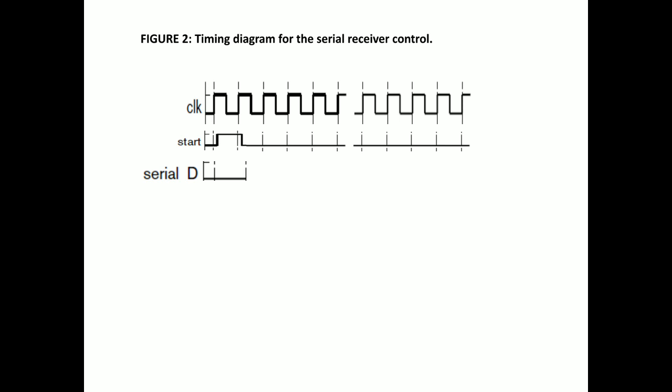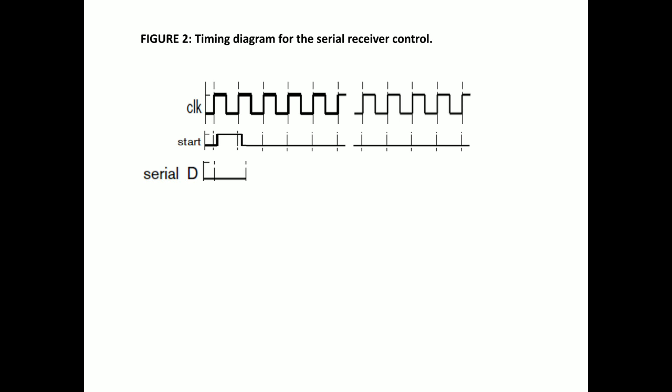This serial data is the transmission end output, meaning the receiving end input. When start is 1, we transmit data, but this waveform shows how the data is received. When start is 0, we'll be getting the data.